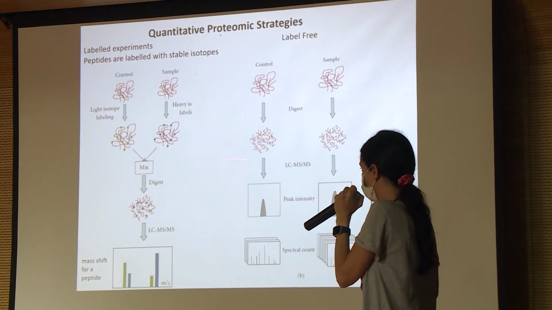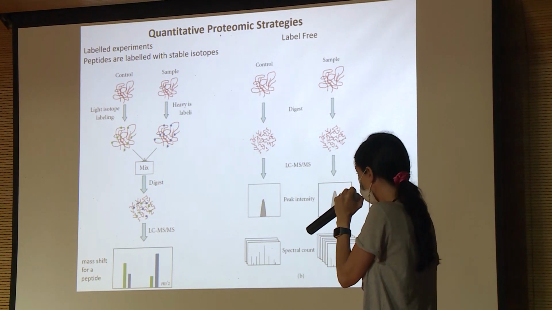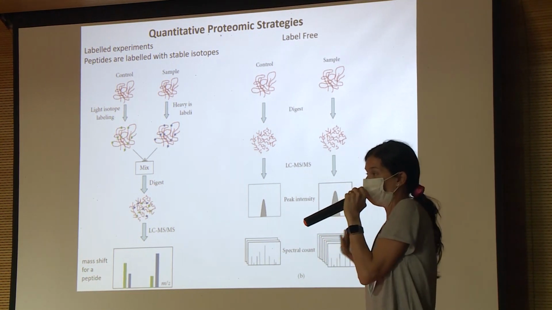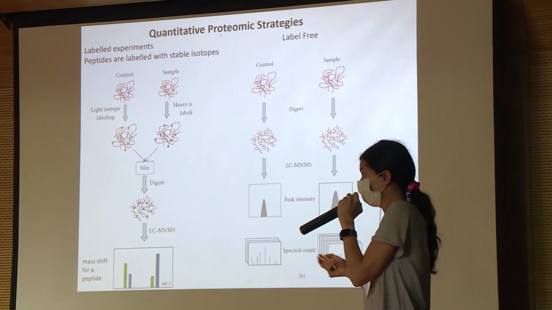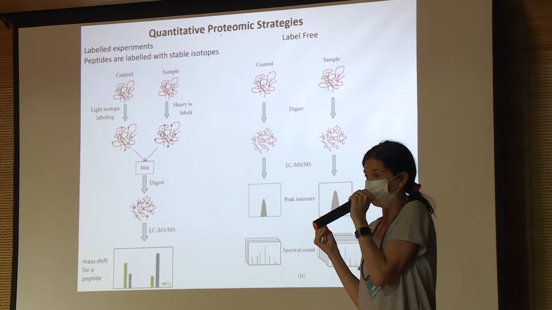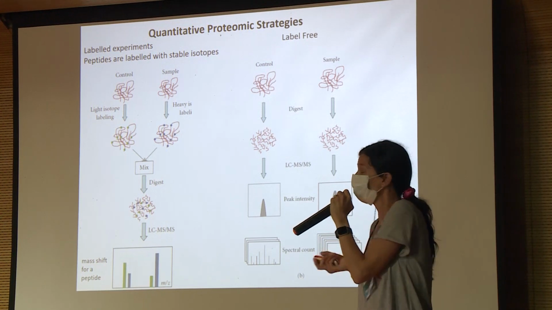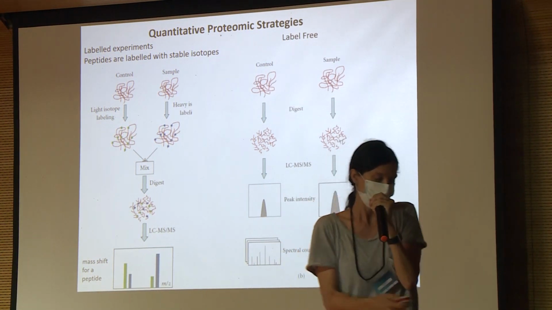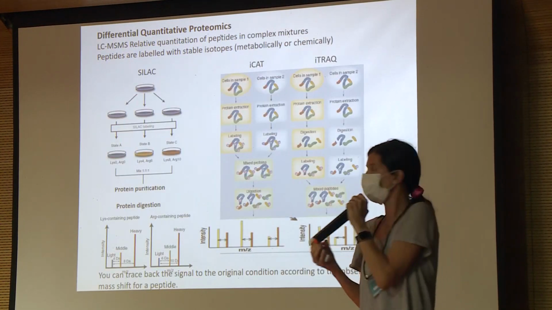Now we will see a couple of examples of this. Basically, the greatest advantage of label-free quantitative proteomics is the cost, because the materials for the labels are very, very expensive. So you need to buy kits that cost a lot of money.